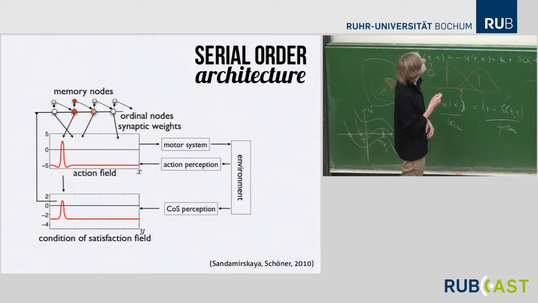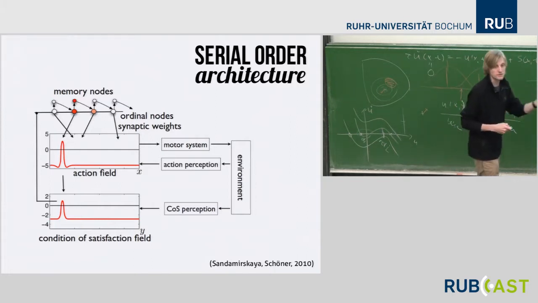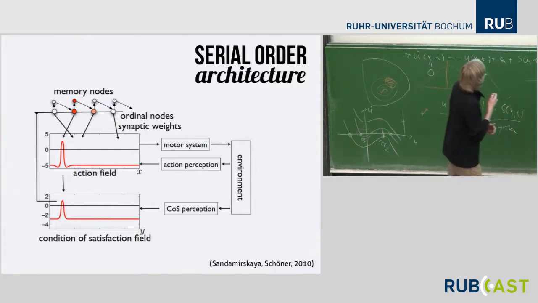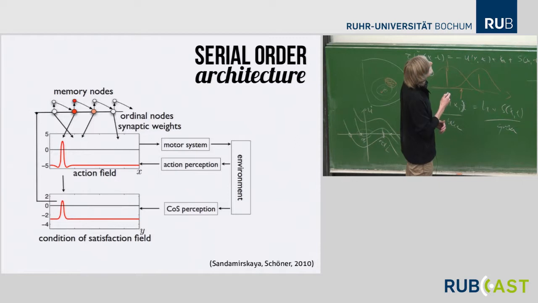As soon as these are deactivated, the memory nodes stay active, and they sort of say, okay, I've done this at some point. And the way these memory nodes work is they get excited by this ordinal node, but they also excite the next one. So as soon as all of these nodes come back up to the resting level, this node is going to win, and then you get this sequence of actions. Okay.